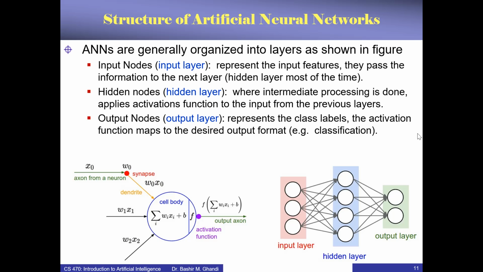And then finally we have the output nodes, or what is called the output layer. This represents the class levels, the actual output that we want. In most cases it is a classification that we are trying to achieve. So the different classes will be obtained through the output layer.